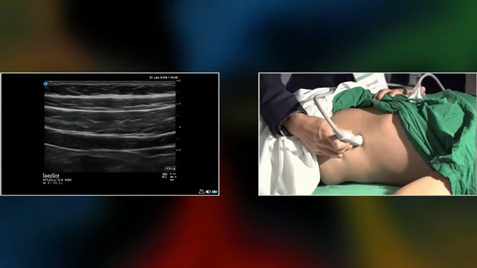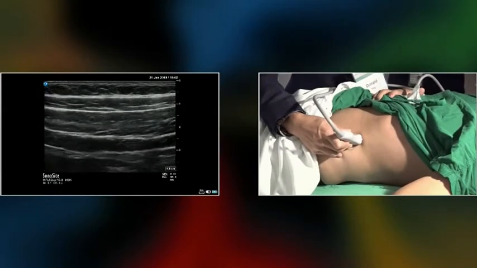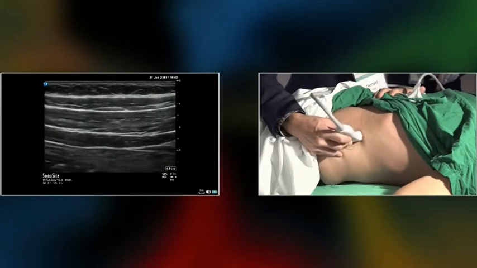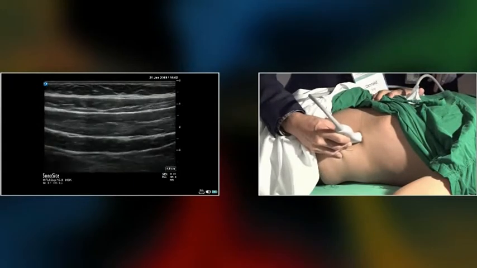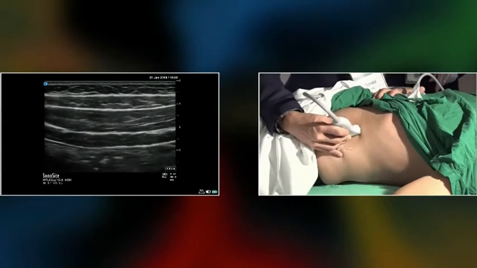On the left side is the cranial part, and the right side is the caudal. So move the probe slightly medially.